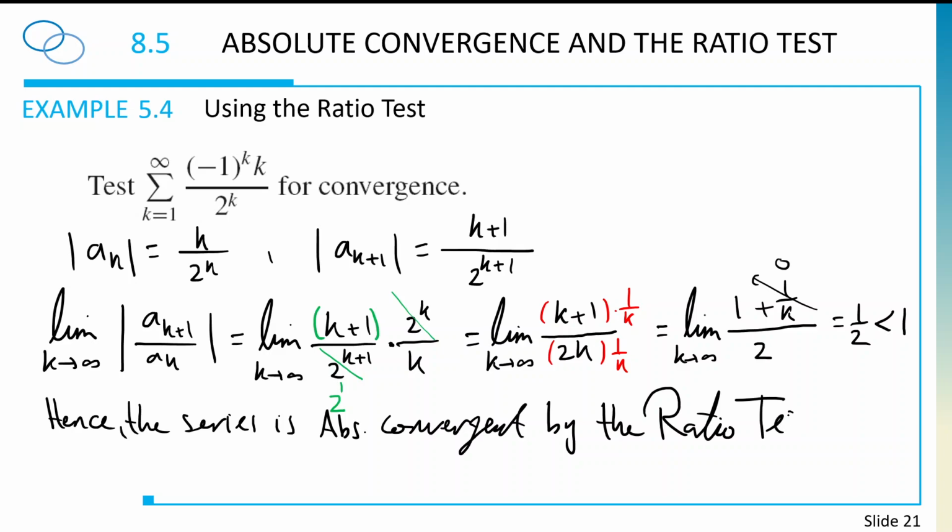By using the ratio test, it's absolutely convergent. So remember always, the ratio test gives absolutely convergent, not only convergent. It's an easy test. It's really useful. We can use it many times. It helps us a lot to decide if it's convergent or divergent.